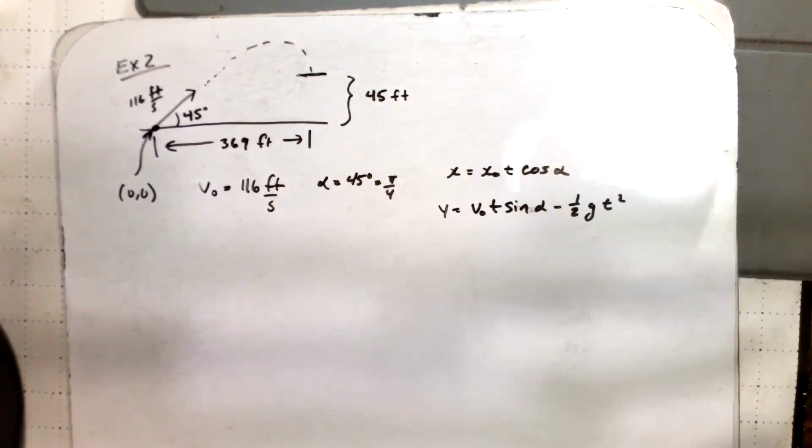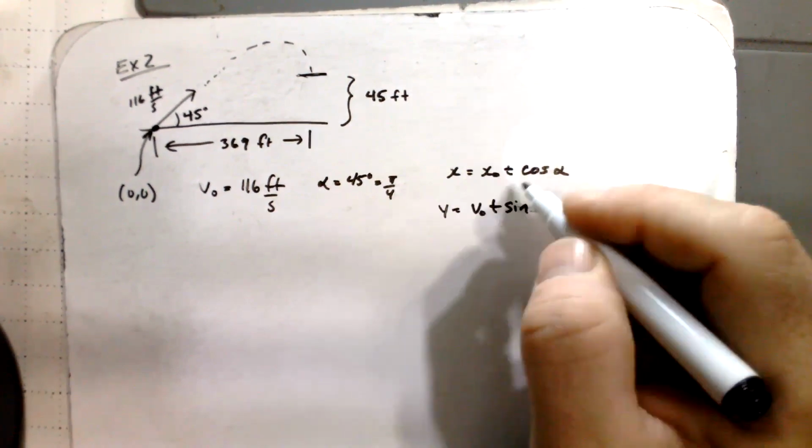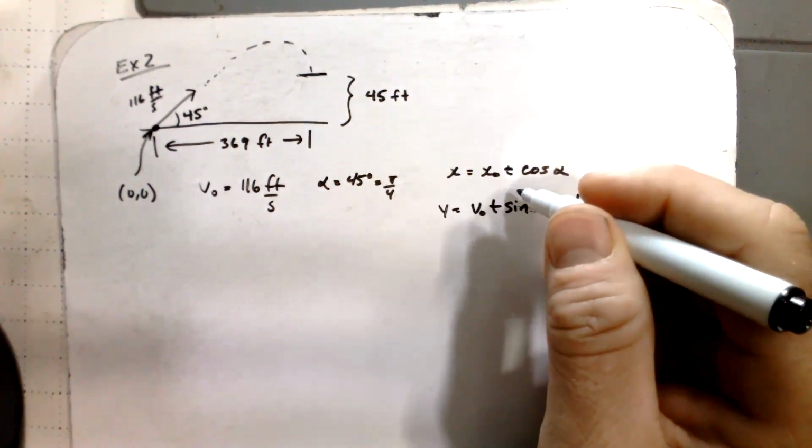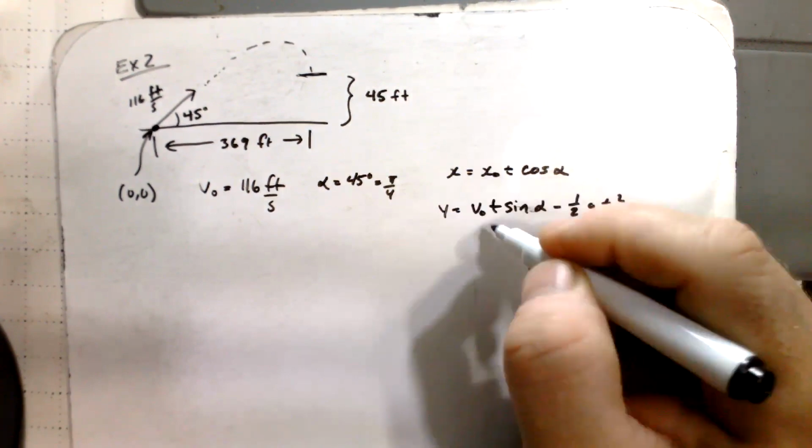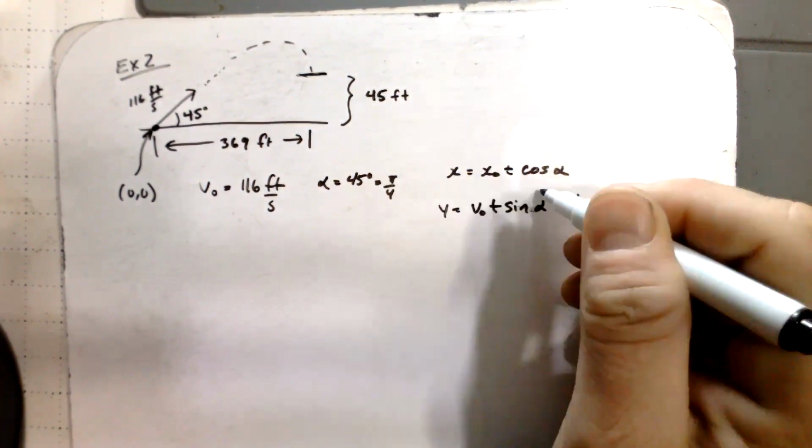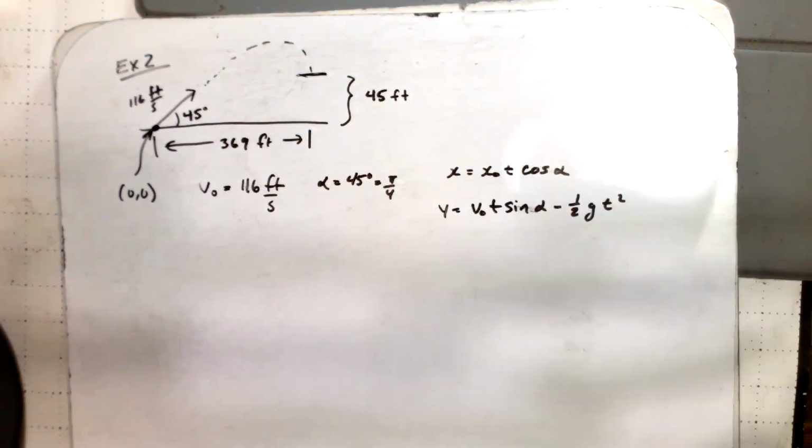Okay. So the nice thing is we know that x naught and y naught are 0 here, so you don't see them showing up in the problem there.